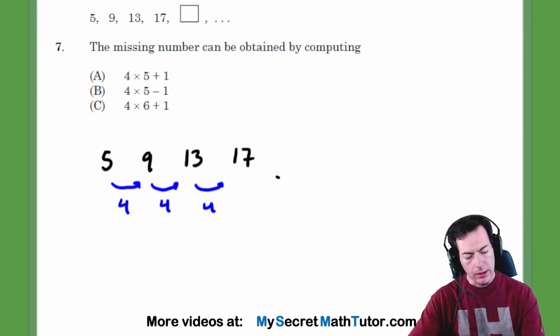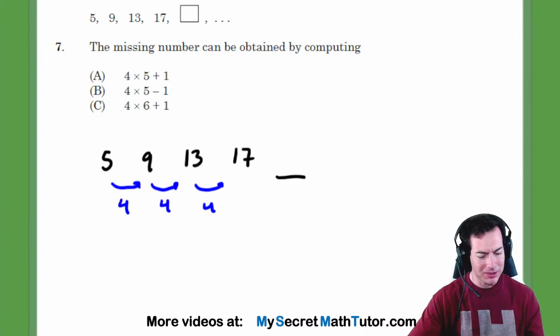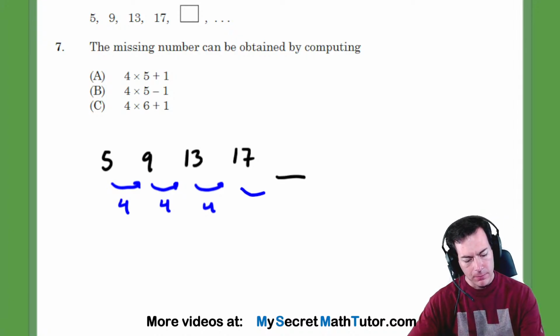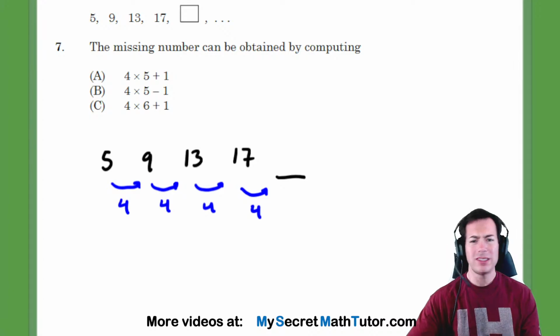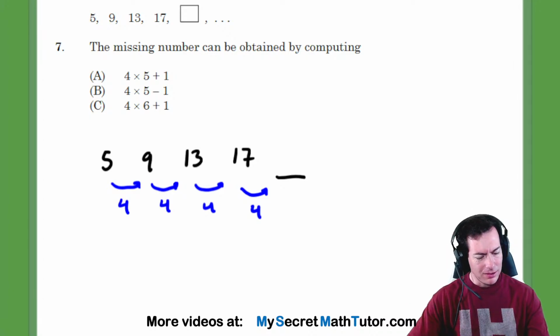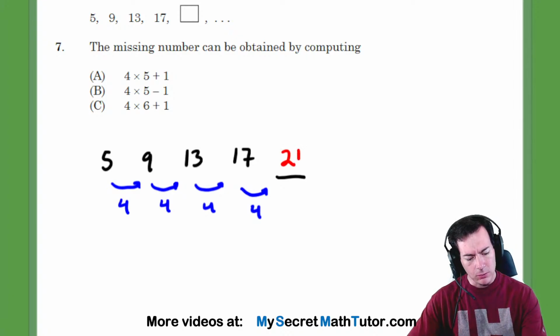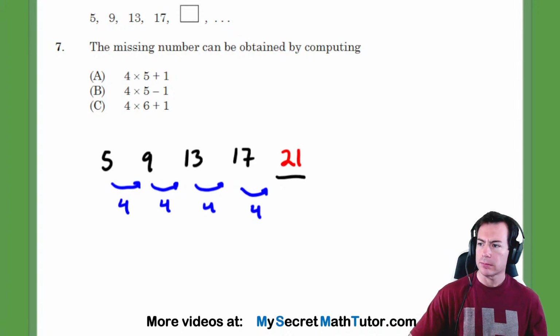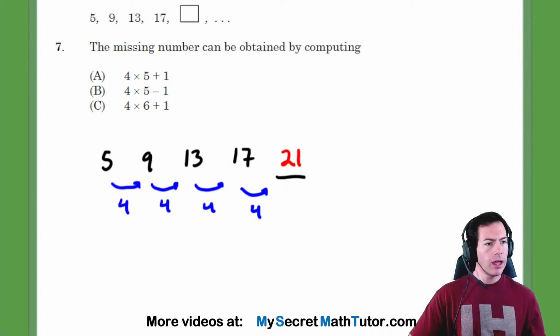So if we had to take a really good educated guess what the next one has to be, then of course we'd take that guess, we'd say, oh, I think we're adding 4 to this. And our guess would be the next one in the sequence would have to be the 21. Now in the actual problem, it says we could compute the next missing number by doing the following little formula here.